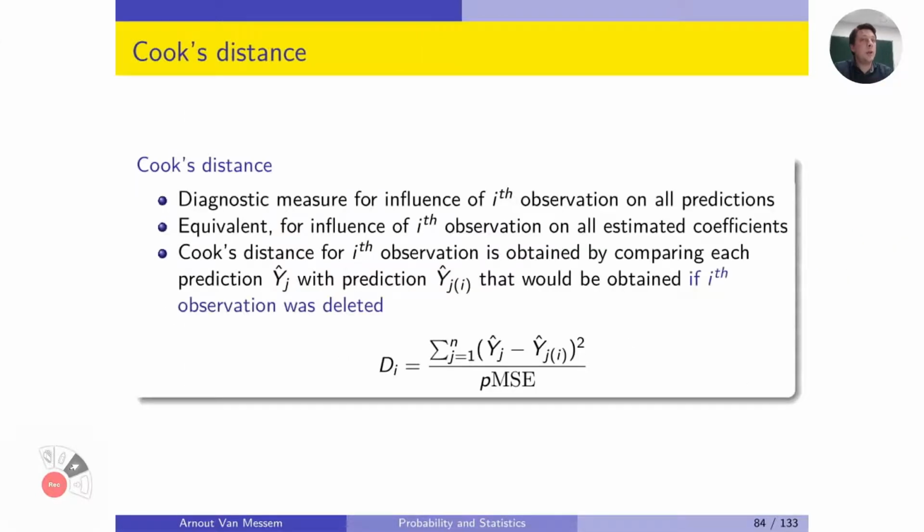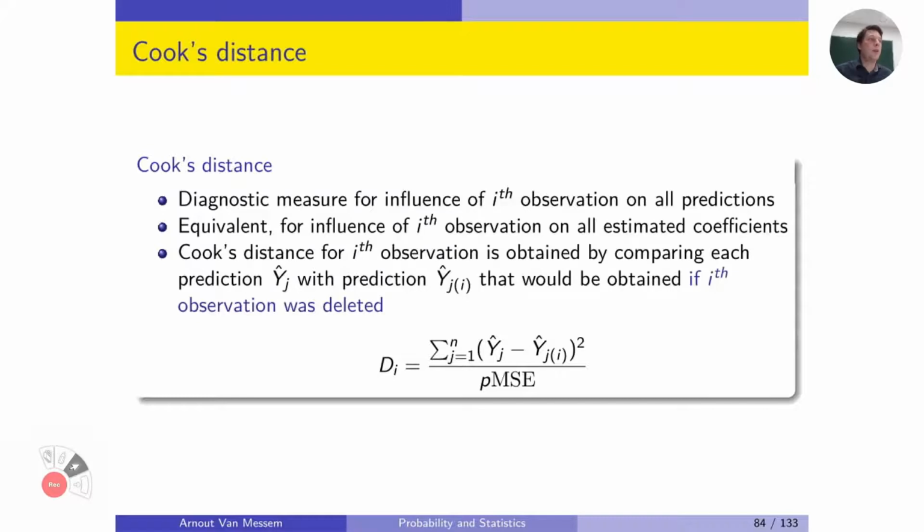Next step, we have to check, are they influential on the regression model or not? To check whether or not they are influential, we will use Cook's distance. So Cook's distance is a diagnostic measure for the influence of an observation on the predictions. So the leverage looked at the predictors. Is my observation different from the other observations? Cook's distance will see, does my observation have an influence on the model?